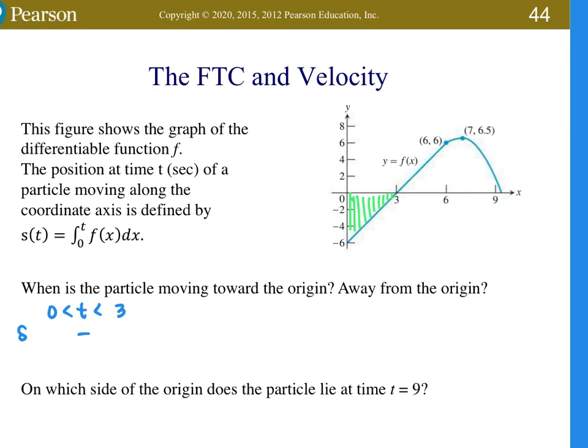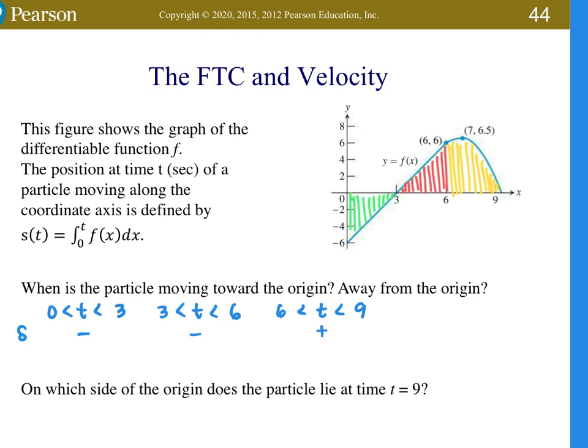From 3 to 6, although the area is positive, the accumulation is still negative until we get to the point we get to 6. Once you get beyond 6, from 6 to 9, you've negated your area, basically a clean slate, and so now the accumulated total will be positive.